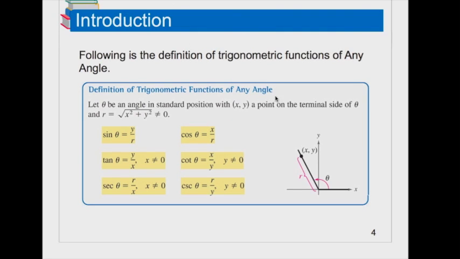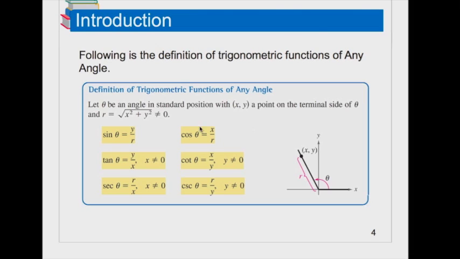What we are essentially doing here is mixing together the past two lessons. So we had a lesson where we were talking about the coordinate plane and relating sine, cosine, tangent in the coordinate plane. And then we had where we were doing trigonometric functions within triangles. So now we're going to mix those two ideas together.